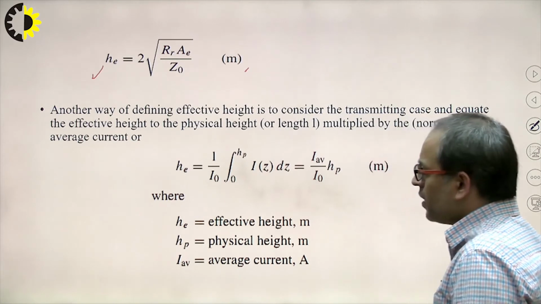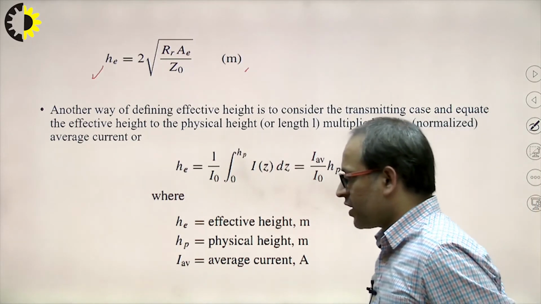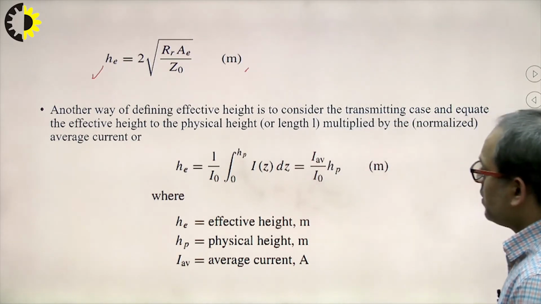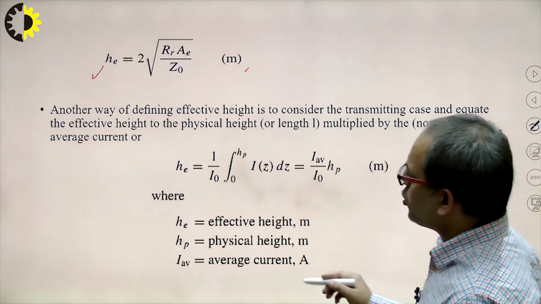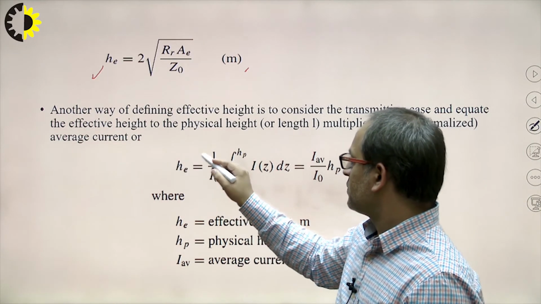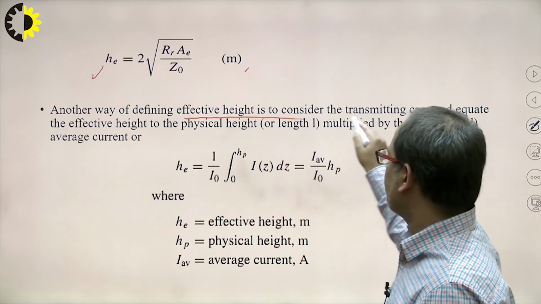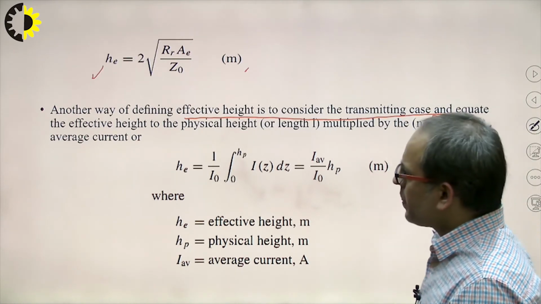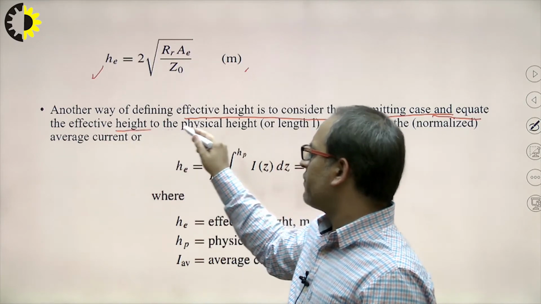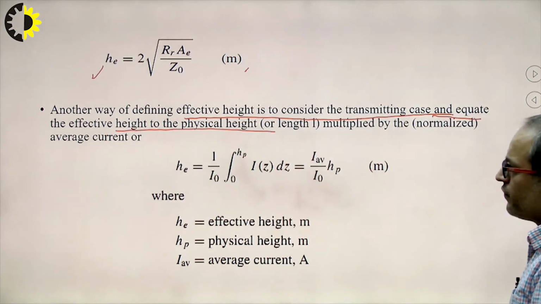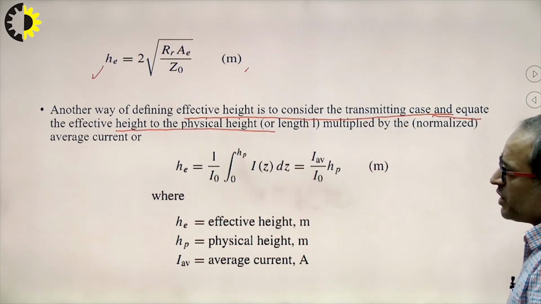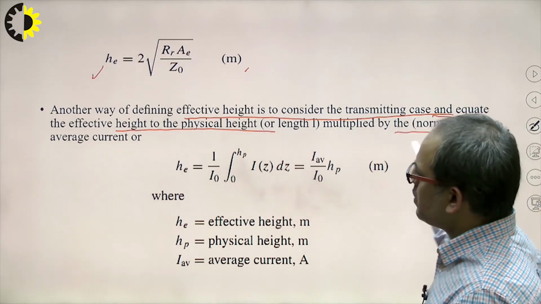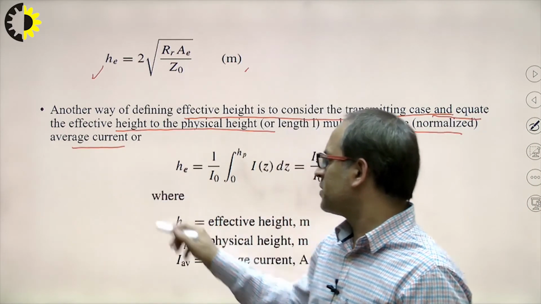Clear? Now another way of finding the effective height is by considering that it is a transmitting antenna. The effective height is related to the physical height, multiplied by the normalized average current.